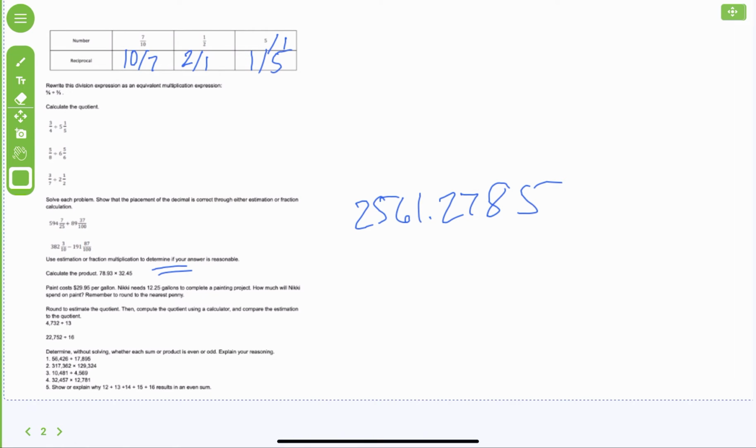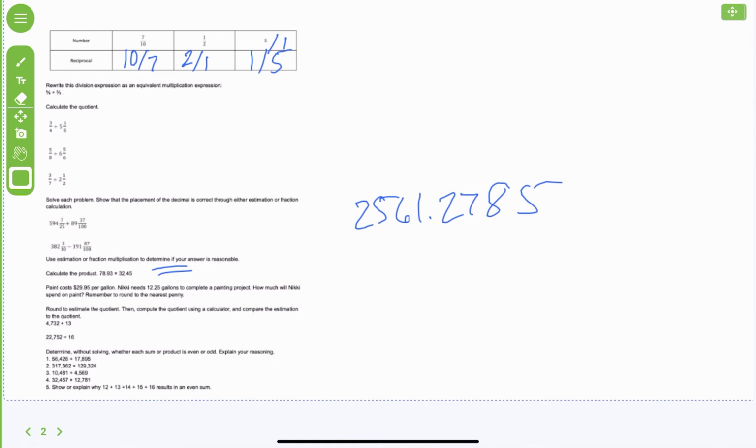Now, paint costs $29.95 per gallon. Nikki needs 12 and 25 hundredths, or a quarter of a gallon, to complete her painting project. How much will Nikki need? How many decimal places will there be in your answer? 2.